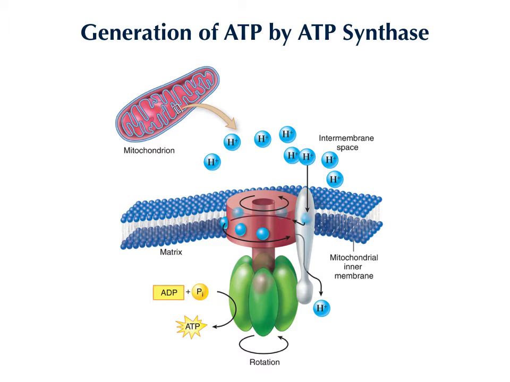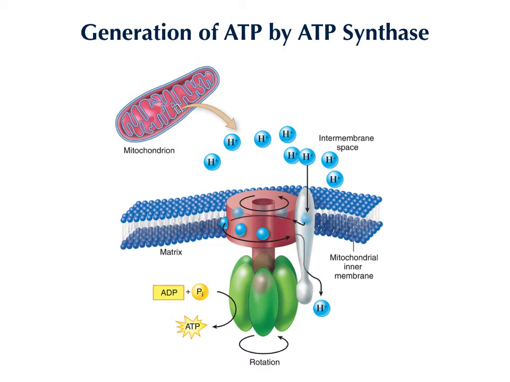So as these electrons move energetically downhill, the complexes embedded in the membrane of the mitochondrion capture the released energy and use it to pump hydrogen ions from the matrix to the intermembrane space. This pumping forms an electrochemical gradient across the inner mitochondrial membrane, and this gradient is called the proton motive force.